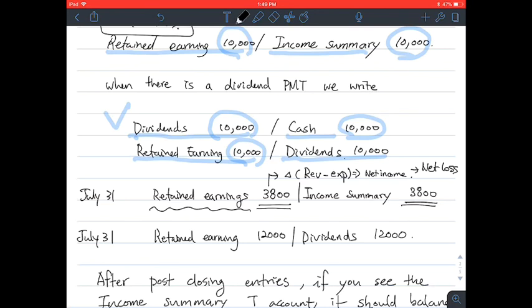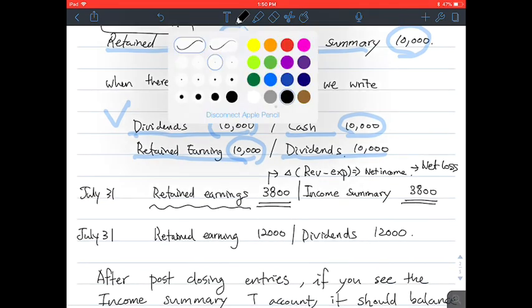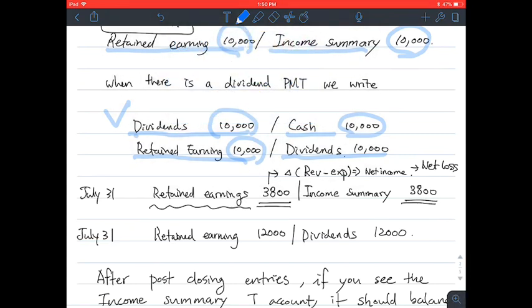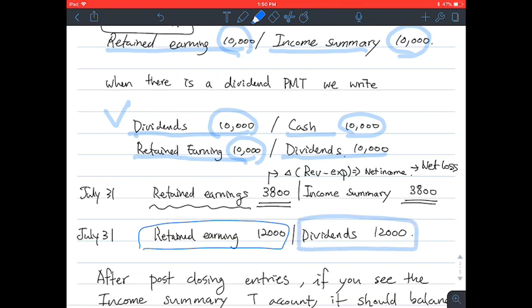For the dividends, we should have our retained earnings on the debit side always. So this is always when there is a dividend. And we cancel out the dividends to make the dividends account balance equal 0.